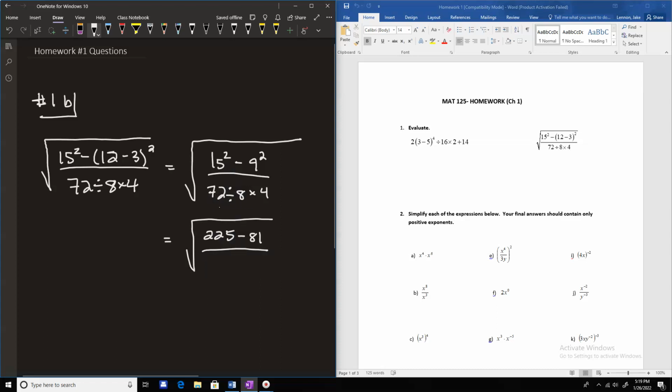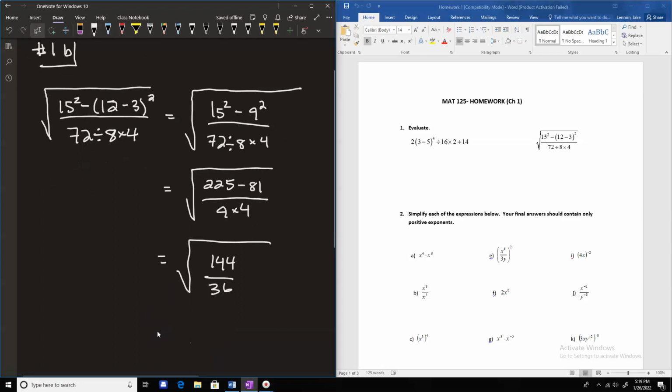We do this from left to right. So 72 divided by 8 is 9. So we're left with 9 times 4. And we have the square root of 225 minus 81. Should be 144. So we have 144 over 9 times 4, which is 36.